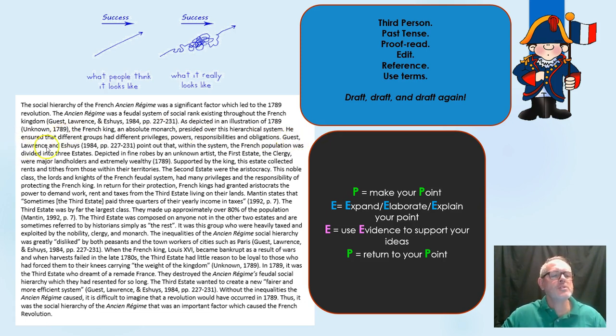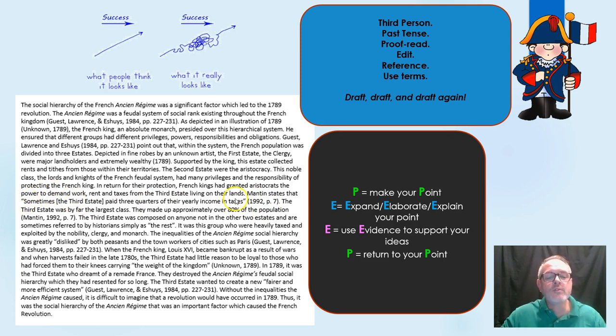Look at this one. Author's surname sitting outside the year of publication and the pages. That's a bit different. Look at this one here. I've got the unknown artist mentioned within the sentence and the year of publication at the end. That allows me to write another way of doing an in-text reference, instead of just sticking them at the end of a sentence. Here's a surname of an author, year and page inside the brackets.